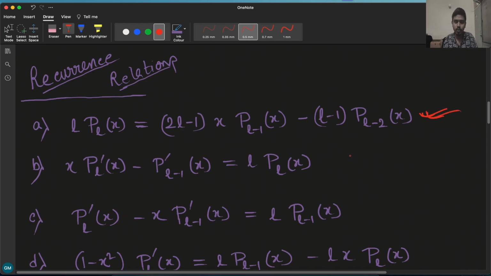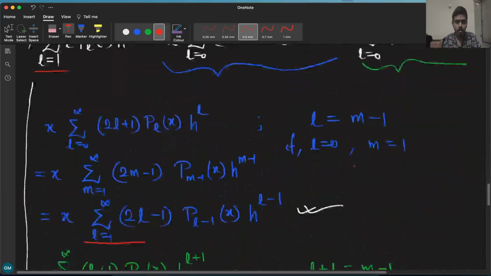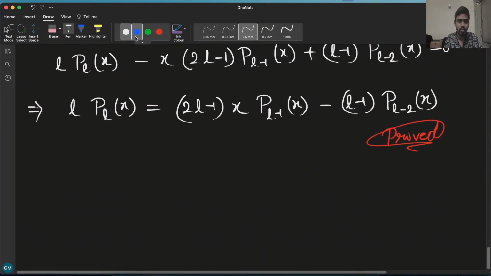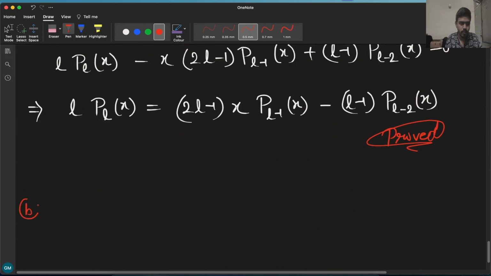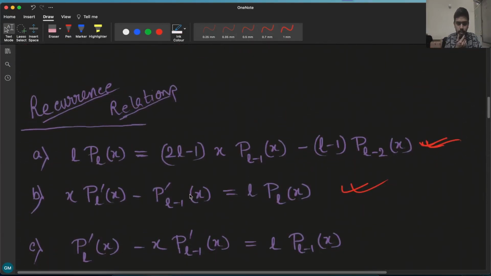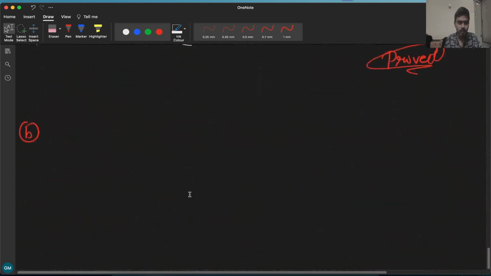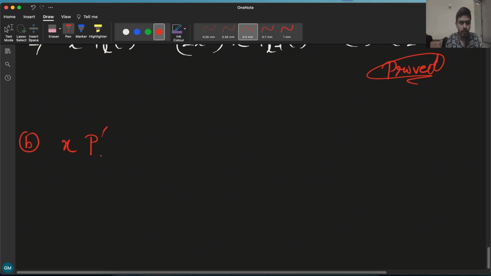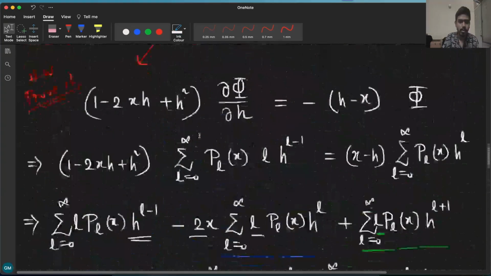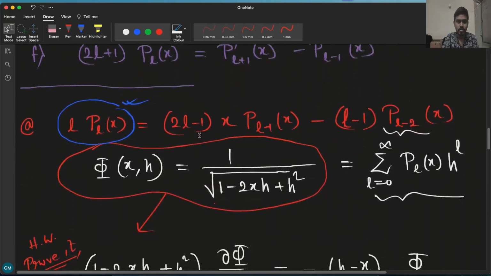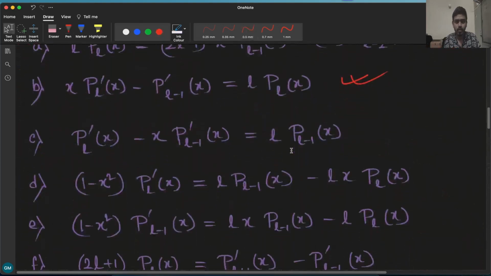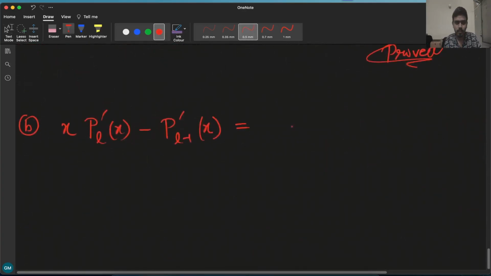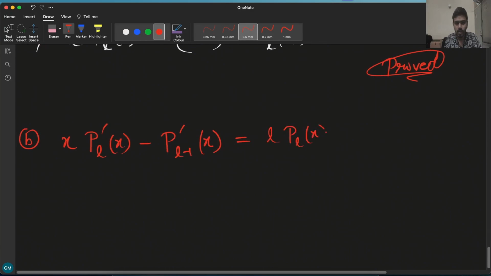Now let's prove the second one. The second one is B: x P'_L(x) minus P'_{L-1}(x) equals L P_L(x), right? L P_L(x).